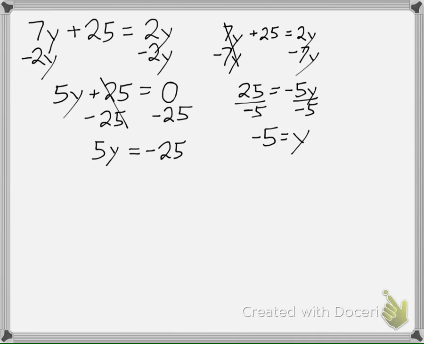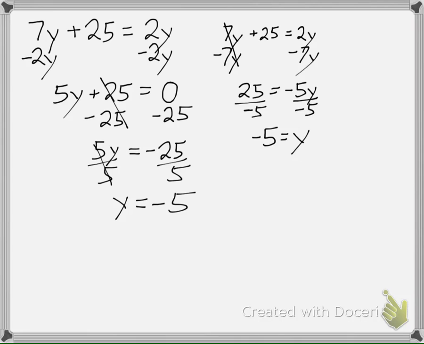So here, my 5 is positive, but my 25 is negative, whereas over here, my 5 was negative, but my 25 was positive. So in the end, the final answer is going to be y equals -5, right?